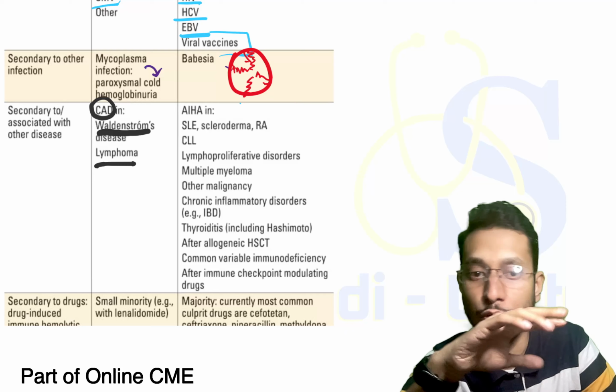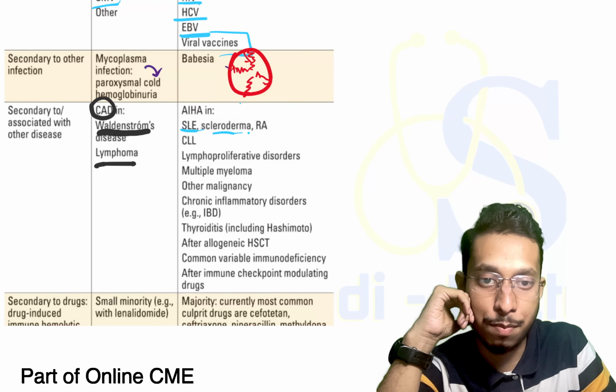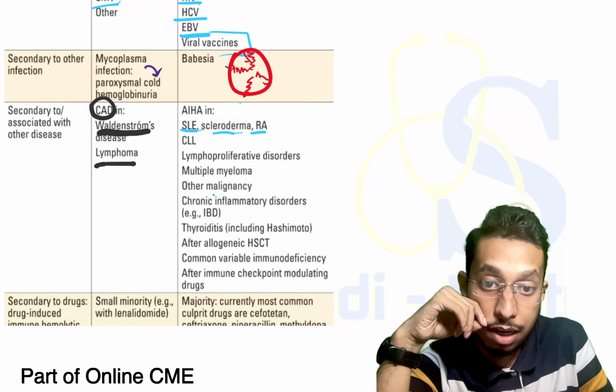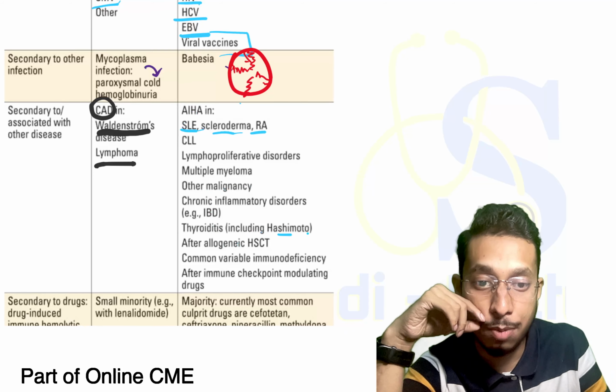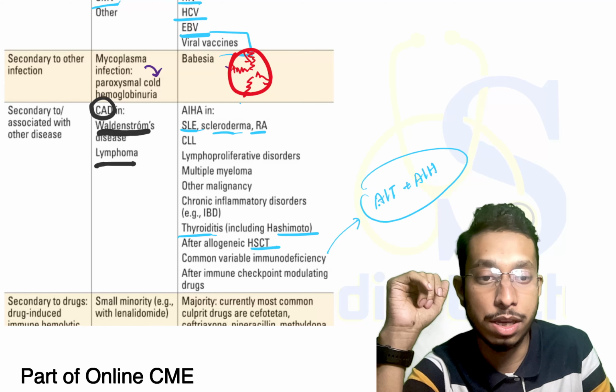These are friends to other autoimmune conditions like SLE, scleroderma, RA. It can be associated with Hashimoto thyroiditis or post-transplant. Common variable immunodeficiency we have already discussed. It can be a combined presentation like autoimmune thrombocytopenia and autoimmune hemolytic anemia, which is called Evans syndrome.